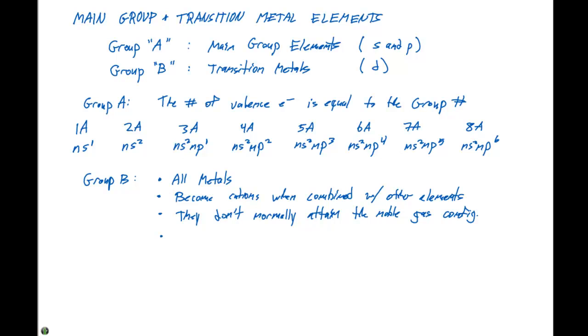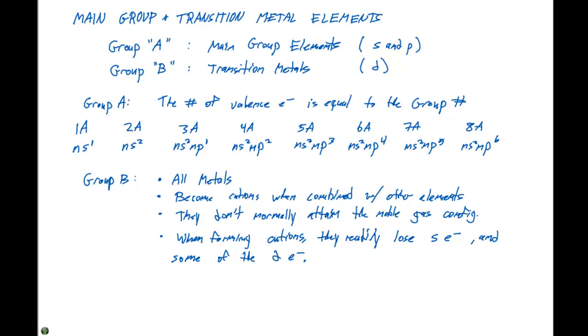So lastly, when forming cations, they readily lose s electrons and some of the d electrons. So for example, if we have iron, it has an electron configuration of argon 4s2 3d6.